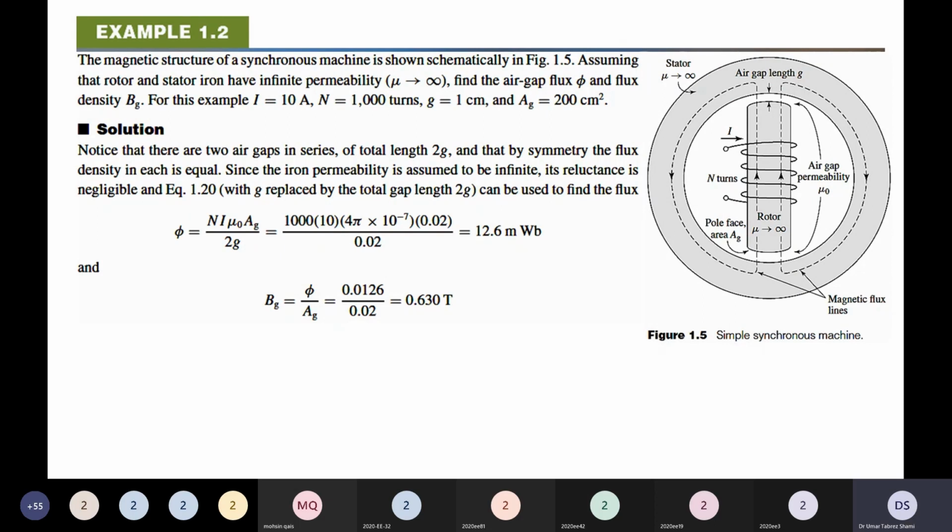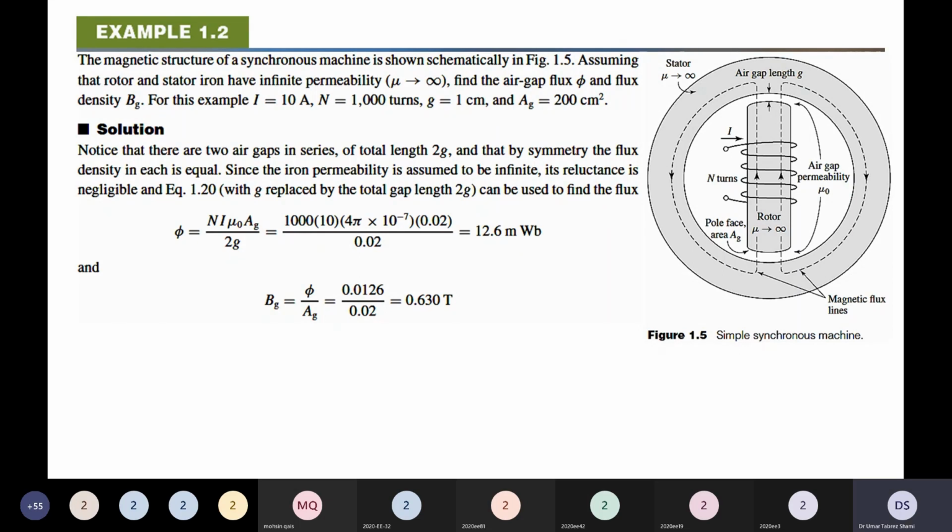So the question is: the magnetic structure of a synchronous machine is shown schematically in figure 1.1, assuming that rotor and stator have infinite permeability. Mu is very, very large. Find the air gap flux and the flux density of the air gap.